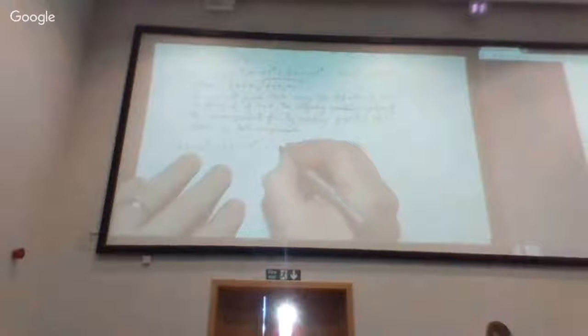So the norm of this vector squared is the inner product of this vector with itself. And the square of the norm of this vector is the inner product of this vector with itself. So there we're using the definition of a norm in terms of the inner product.